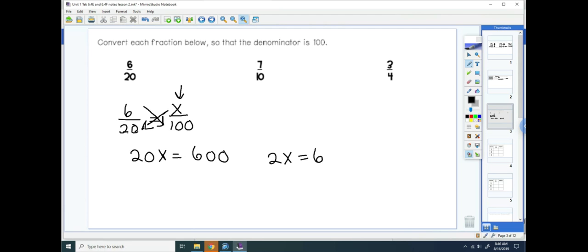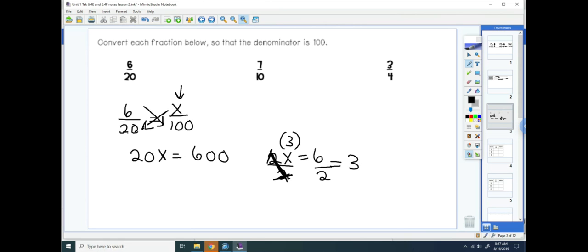I know that if I take a 2 and multiply it by 3, that equals 6. The reason I know that is because if I divide both sides by 2, these cross out and equal a 1. 6 divided by 2 is 3, which I just proved.